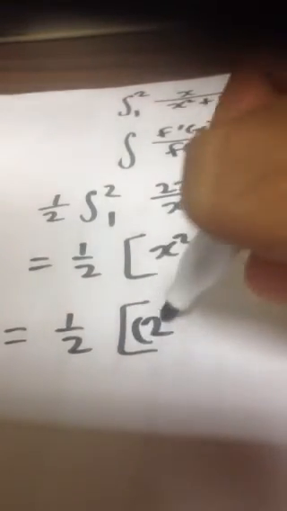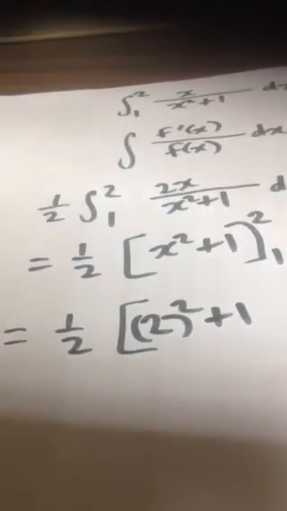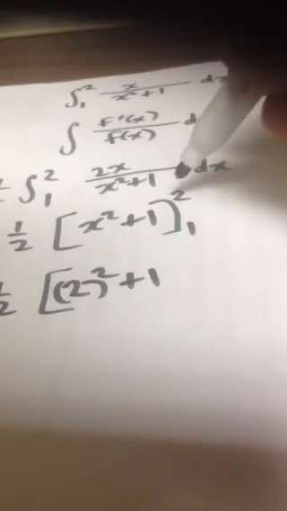So 2 squared plus 1, that's where we substituted our 2, and then we're going to minus, and we're going to evaluate the integral at 1. So wherever we see an x, we're going to replace it with a 1. So 1 squared plus 1.